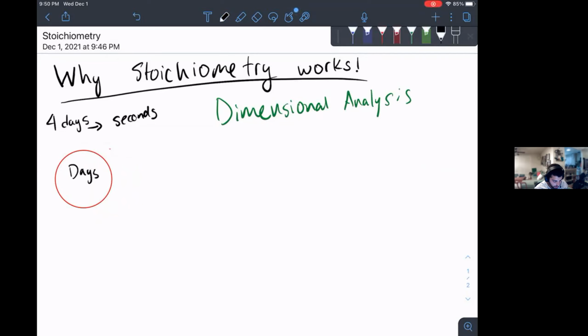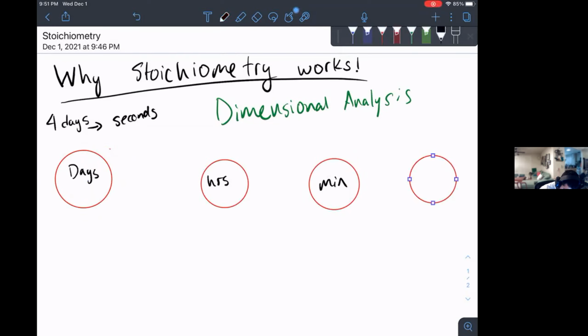So if I want to convert 4 days to seconds, well, what I can do is I can convert days to hours. I can convert hours to minutes, and I can convert minutes to seconds.